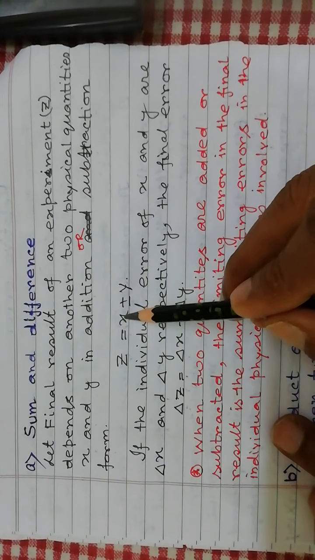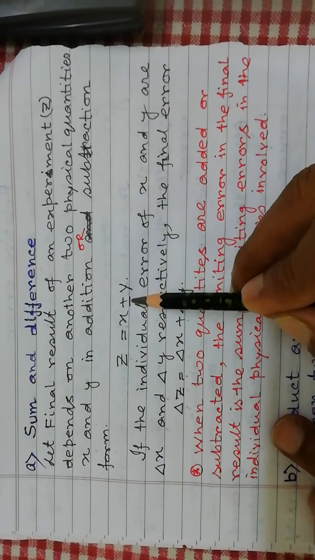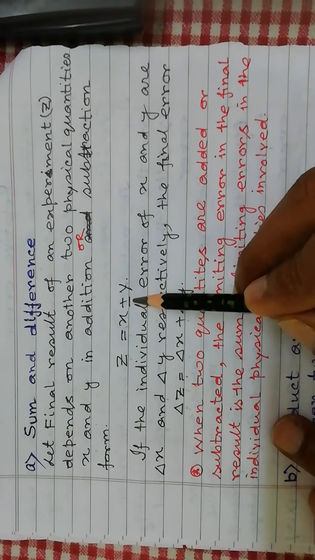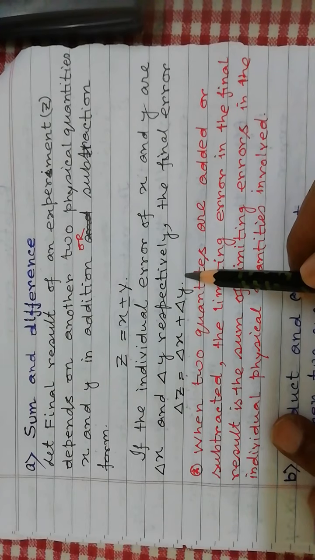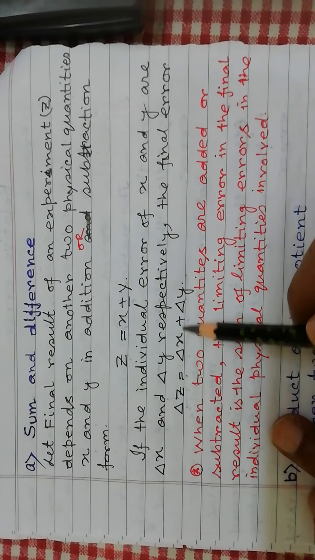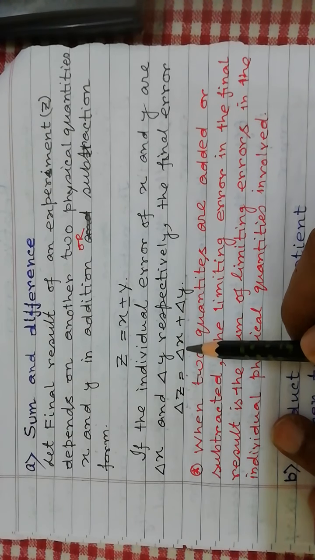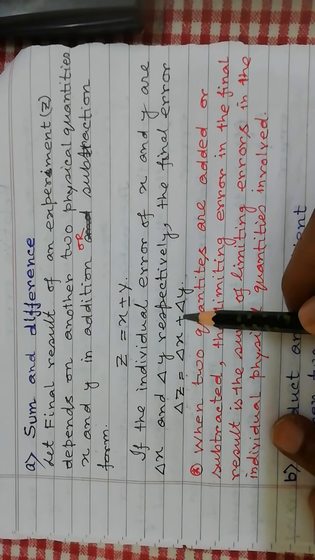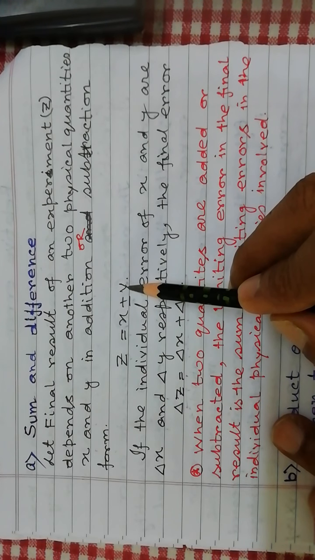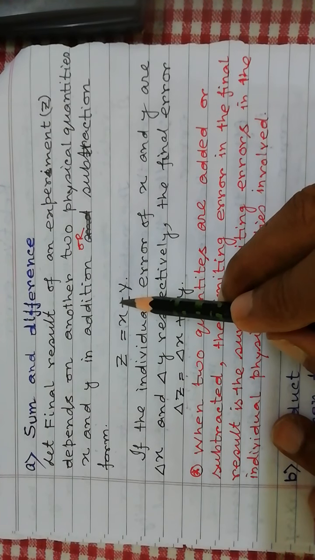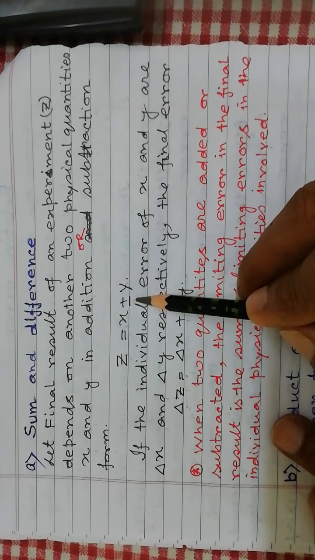If the physical quantities are in subtraction form, then also this is valid. That means all the time the individual absolute errors are added, if the physical quantities are in the form of addition or in the form of subtraction.